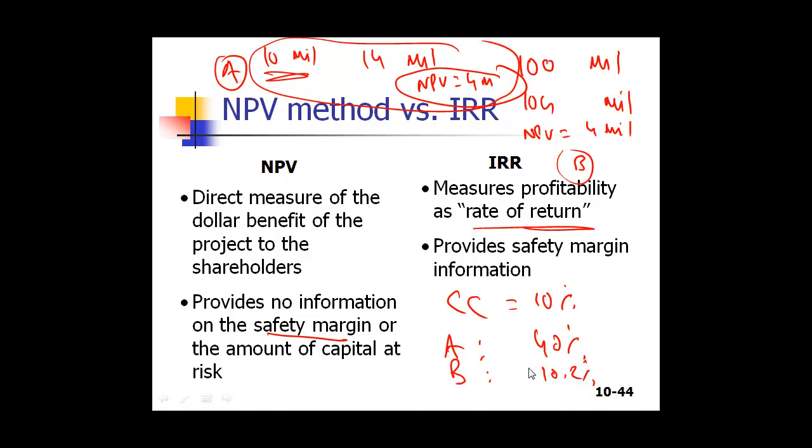Yeah, given the IRR, in both cases the IRR is more than the cost of capital. So purely mechanically applying the IRR rule for these two independent projects, you would go with both. However, what you can see is that if you were forced to pick one based on the IRR rule, you would see that A has a much higher profitability and also a higher safety margin.